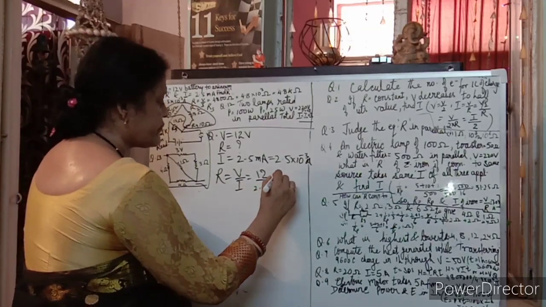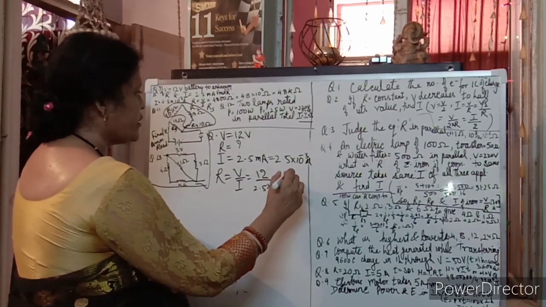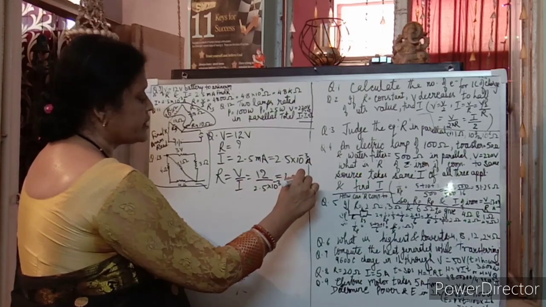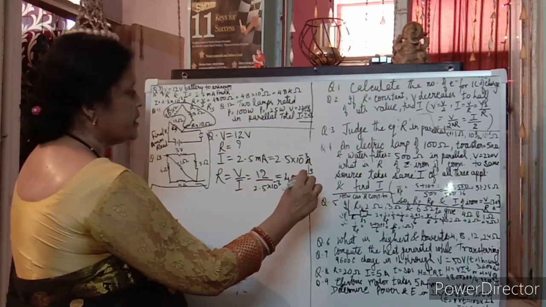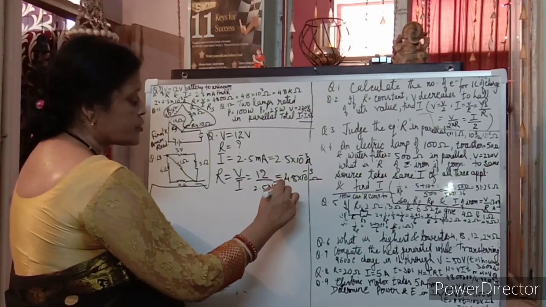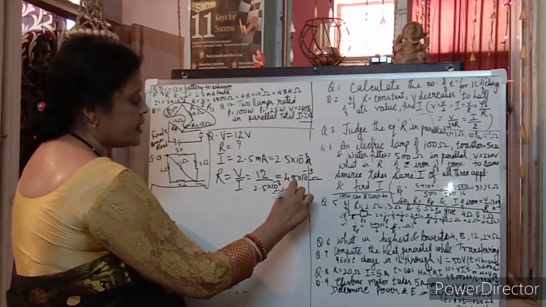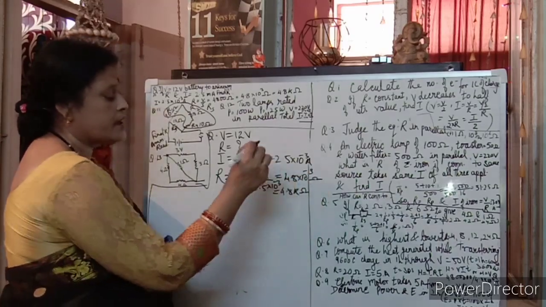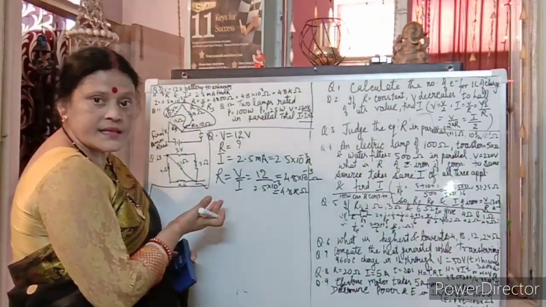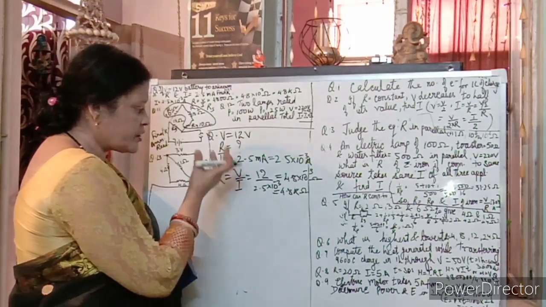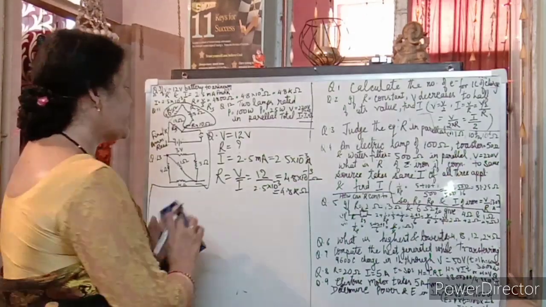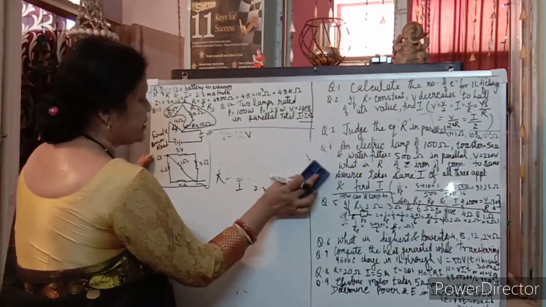This will be 4800, or you can say 4.8 into 10 to the power 3 ohm. Or you can call 10 to the power 3 kilo, so 4.8 kilo ohm. These are all about simplifying the units. See, nothing is there in this numerical. Simply you put the formula and use the units. Clear? Now next numerical.